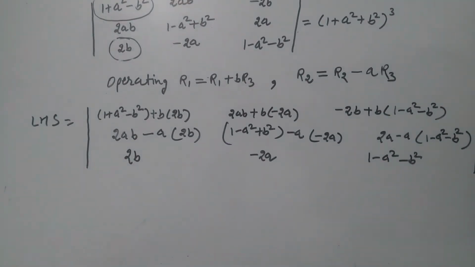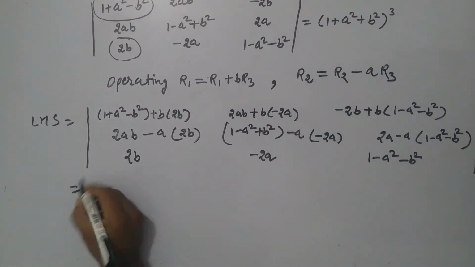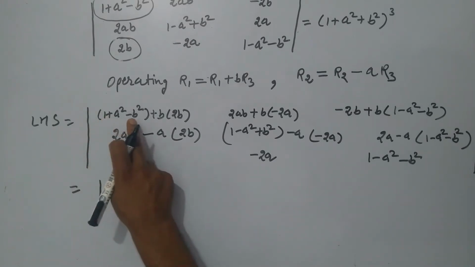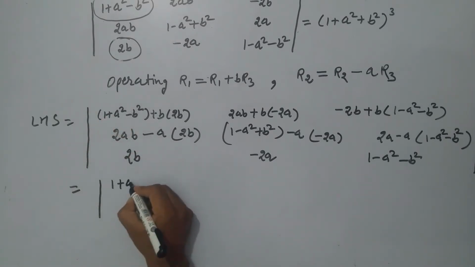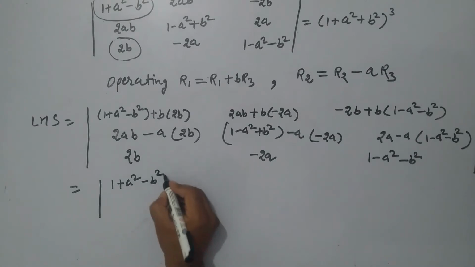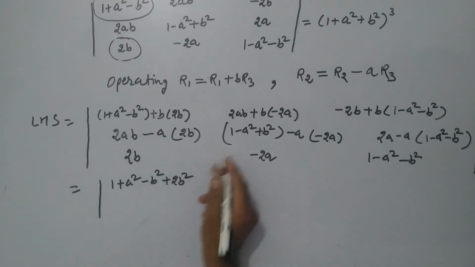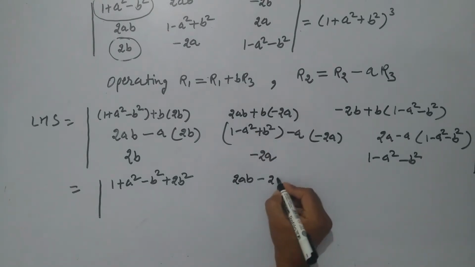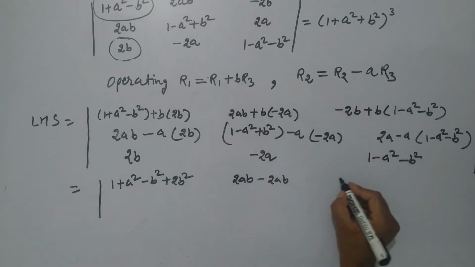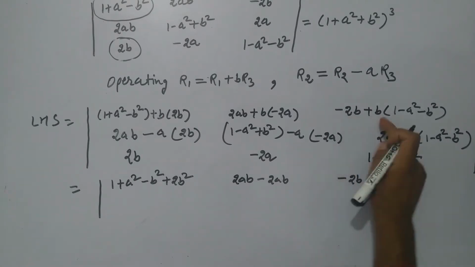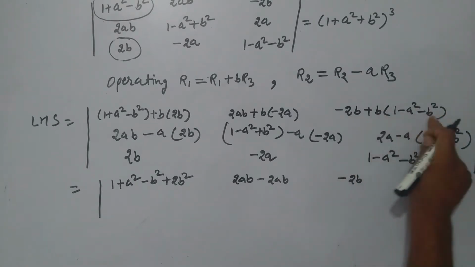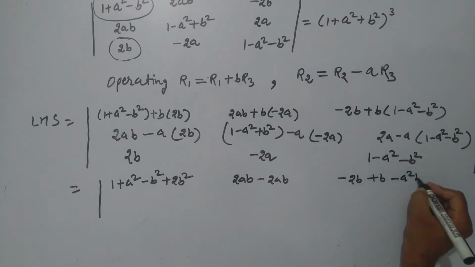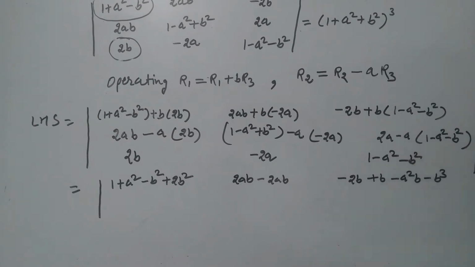Now next what we are going to do, we are just solving them. First element becomes 1 plus a square, 1 plus a square minus b square plus 2b square. This becomes 2ab minus 2ab and this becomes minus 2b, multiplying inside the bracket plus b minus a square b minus b power 3.